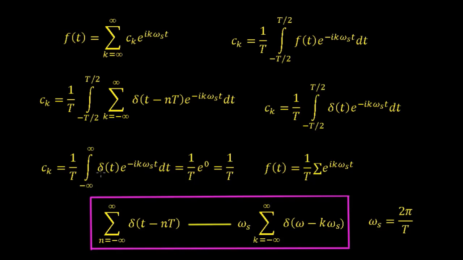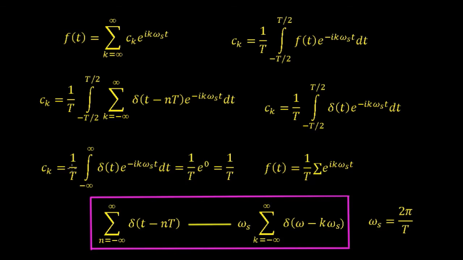Now we know from the definition of our delta t that the integral from minus infinity to infinity of delta t dt is just a value of 1. And we know that this is only defined at t equals 0. So it means that e to the minus j k omega s t is just going to be e to the power of 0, because this value t here is 0.